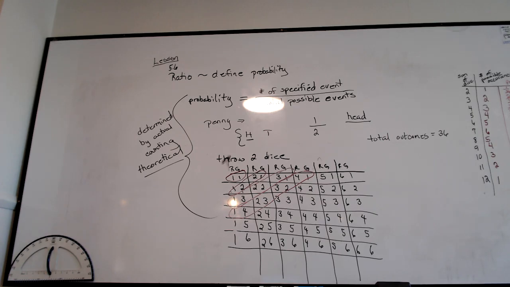What's the most likely? The one in the middle, the 10 and the 10. But there's no middle. Well, 7 is the middle number here, from 2 up to 12.